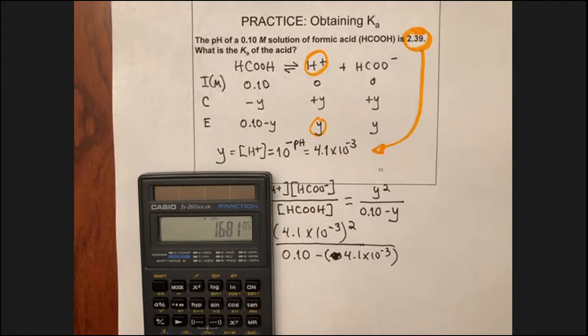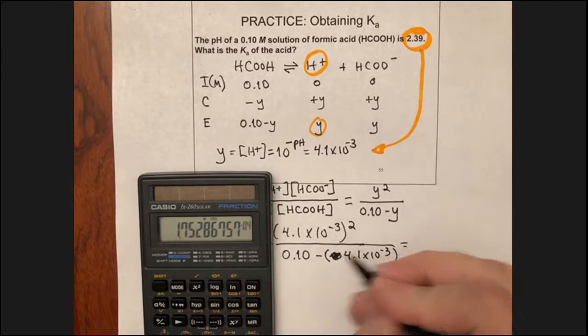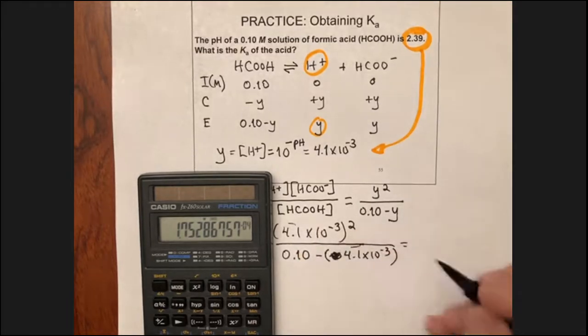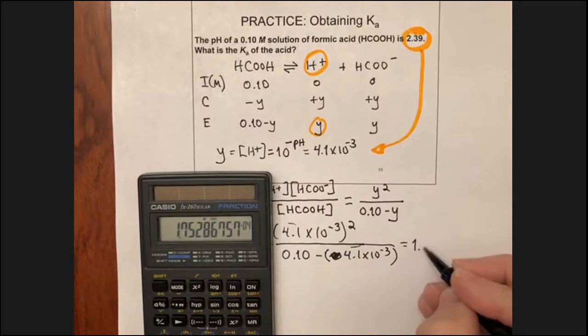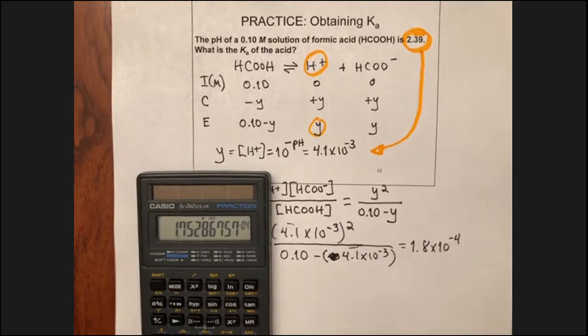And I divide that by what I had in the memory. Fingers crossed, this is going to work out. So I get 1.75 times 10 to the negative 4. And because this is only good to 2 sig figs, we have to put it as 1.8 times 10 to the negative 4.